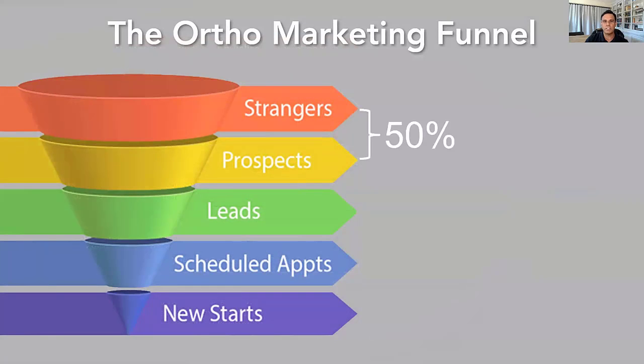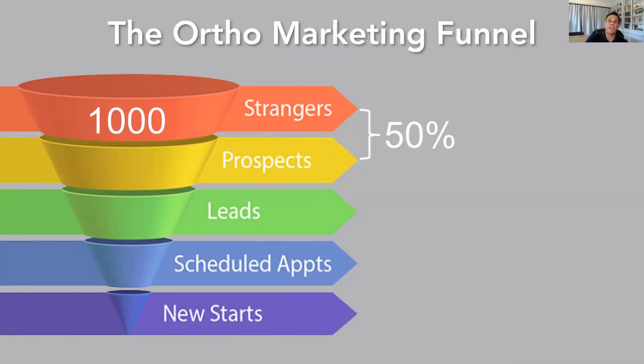So strangers, let's just say out of everyone that's coming to your site, we'll just use your website as an example, 50% of those actually become people that are interested in your brand. They didn't leave, they found out what they were looking for, whatever you're saying, it sounds good to them, your site looks professional, you haven't done anything to scare these people away, they actually start digging into your brand and learning about you.